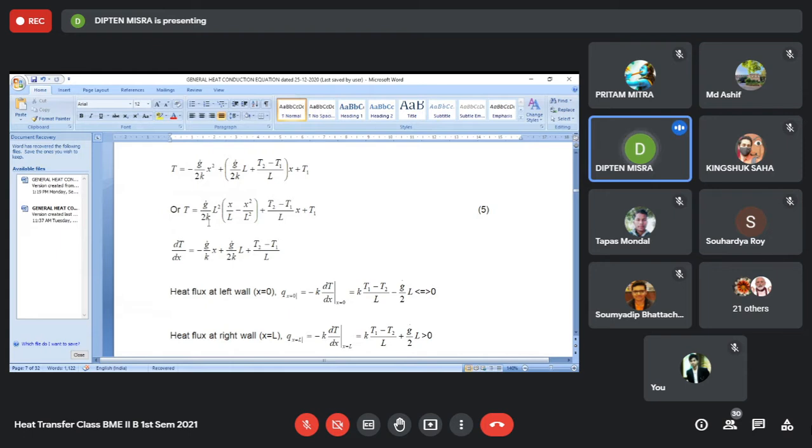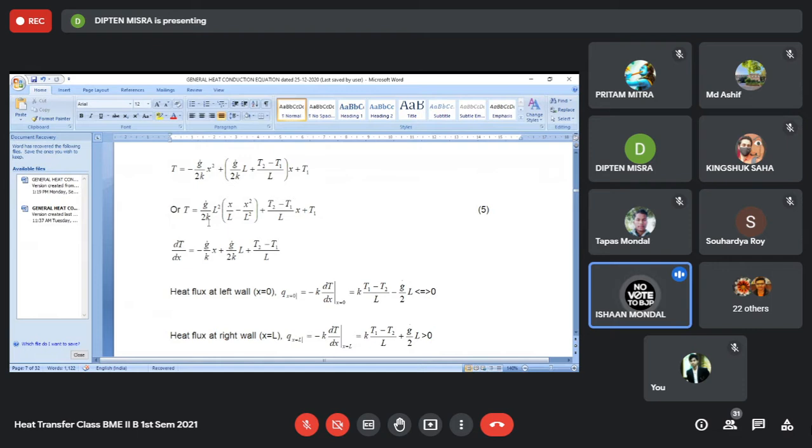One way out can be to draw many different graphs for different combinations of values of g dot, k, L, T1 and T2, and again it becomes very cumbersome. If we plot all these on a single graph paper with T versus x for different combinations of values of g dot, k, L, T1 and T2, the whole thing becomes messy.